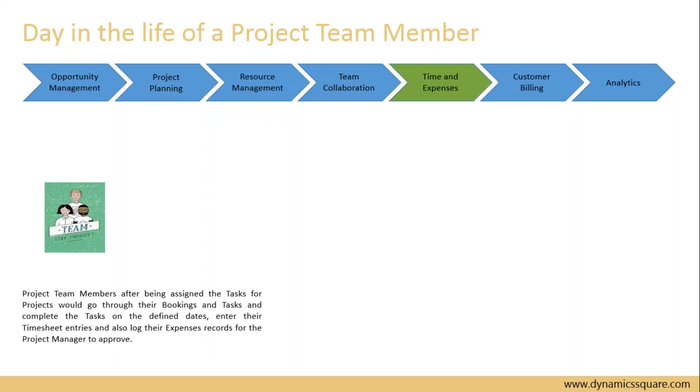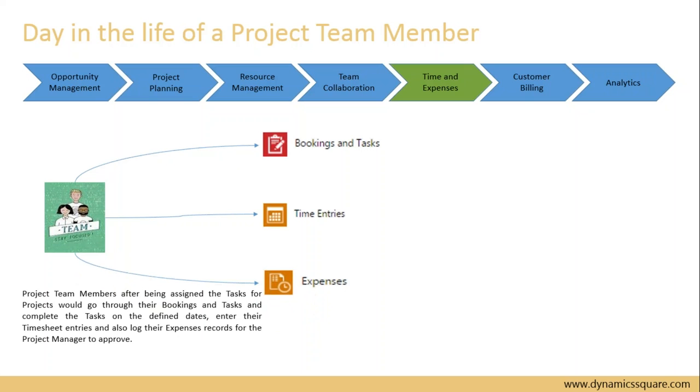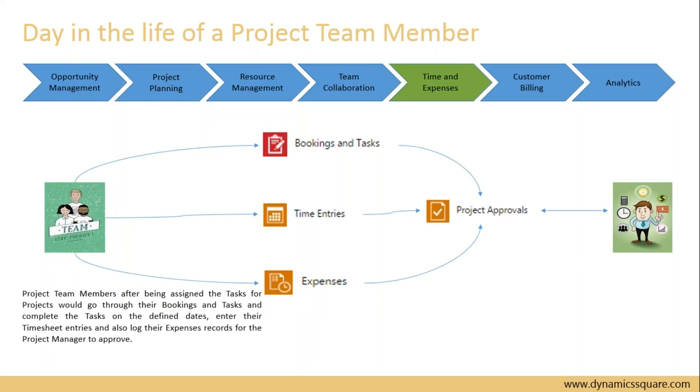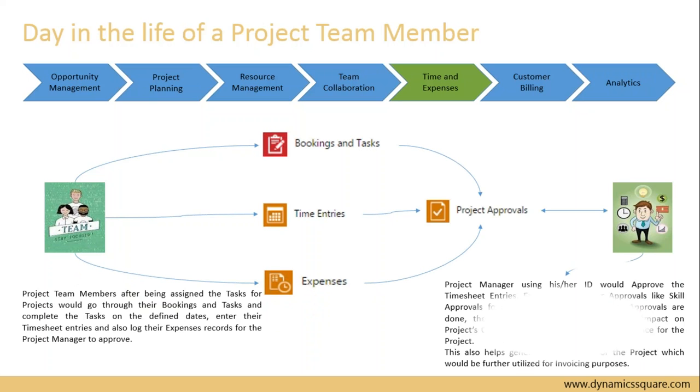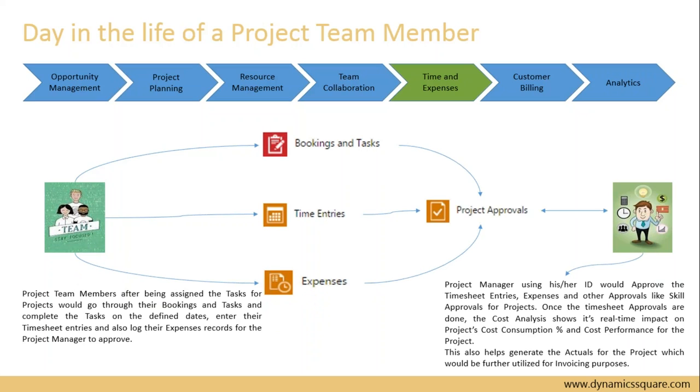The project team members capture their timesheets from within the project service automation solution and submit their expenses, time offs and timesheets for approval to the project manager. The project manager, using his or her ID, would approve the timesheet entries, expenses and other approvals like skill approvals for projects.